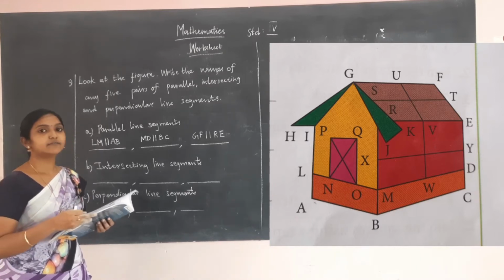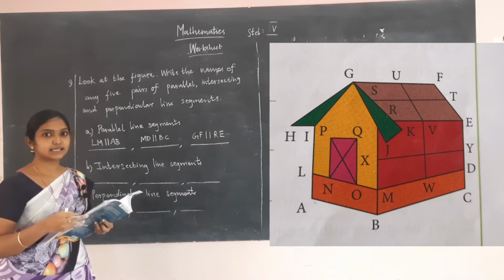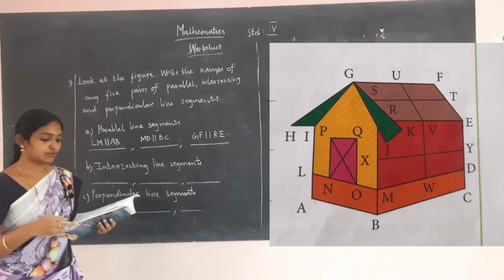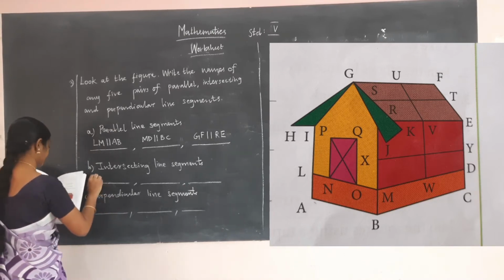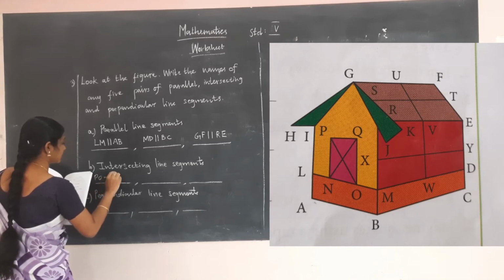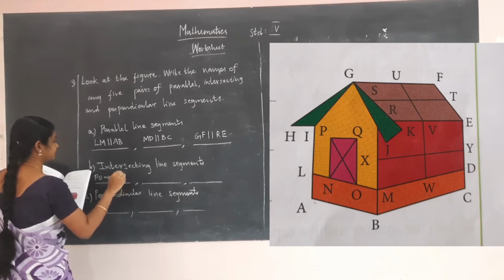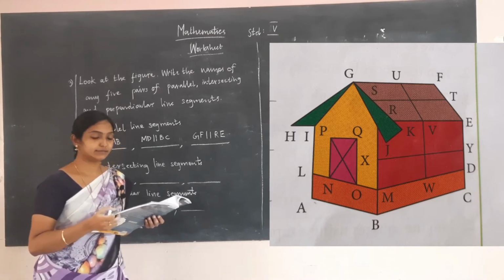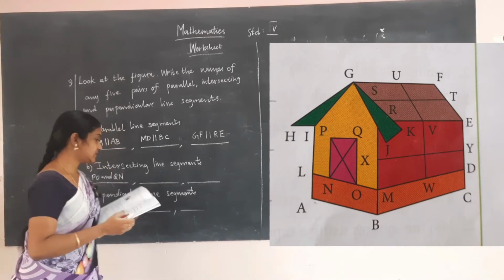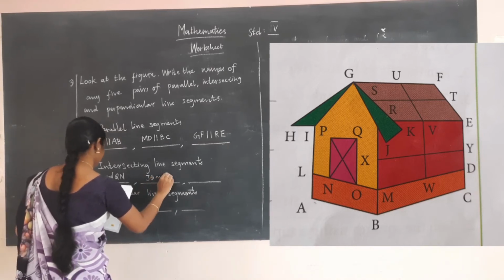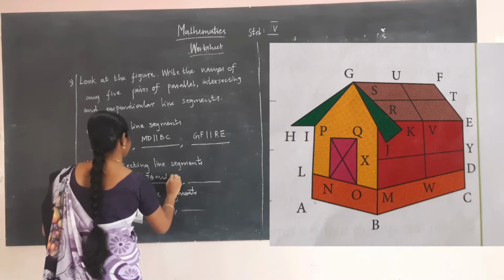Intersecting lines. When 2 lines intersect, we call them as intersecting lines. PO and QN are intersecting lines. Now you look at the green lines JG and KG.